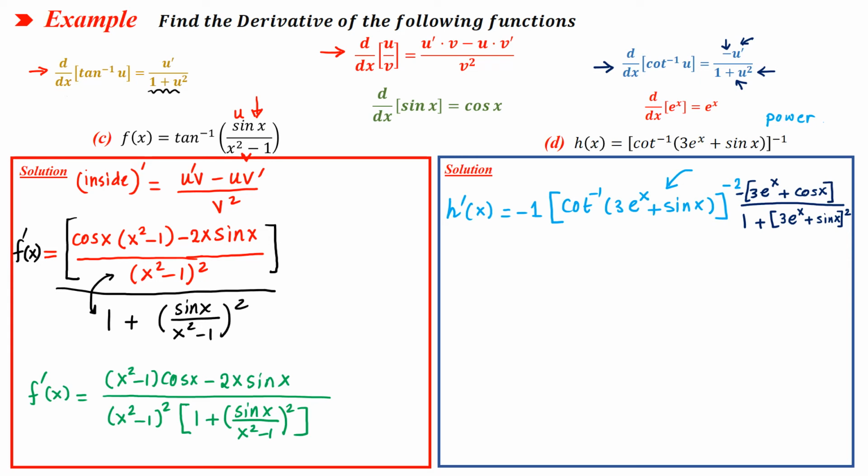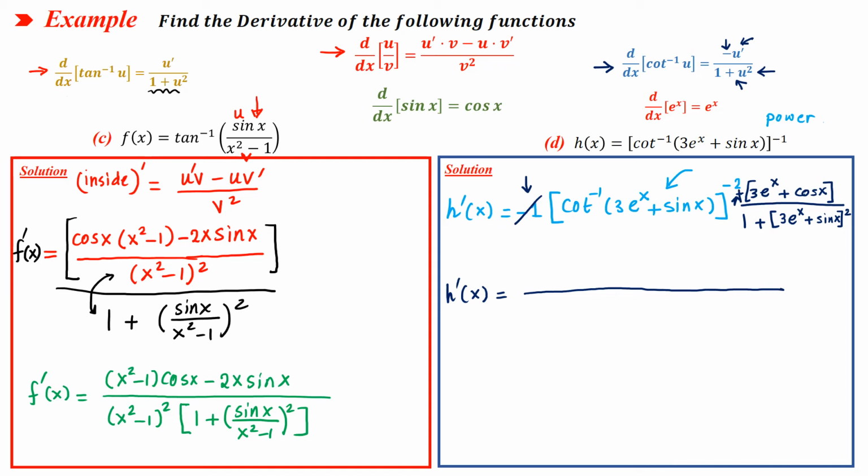So the answer will be like this: h prime of x equals negative 1. Since we have negative 1 here times the negative sign here, it will be plus.